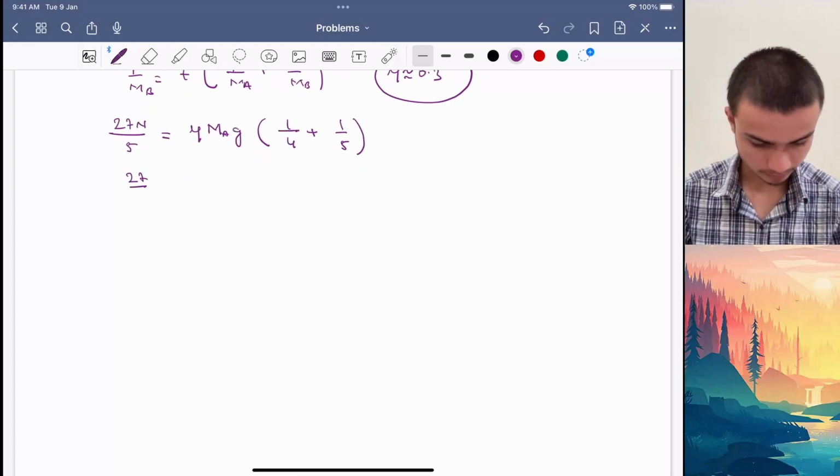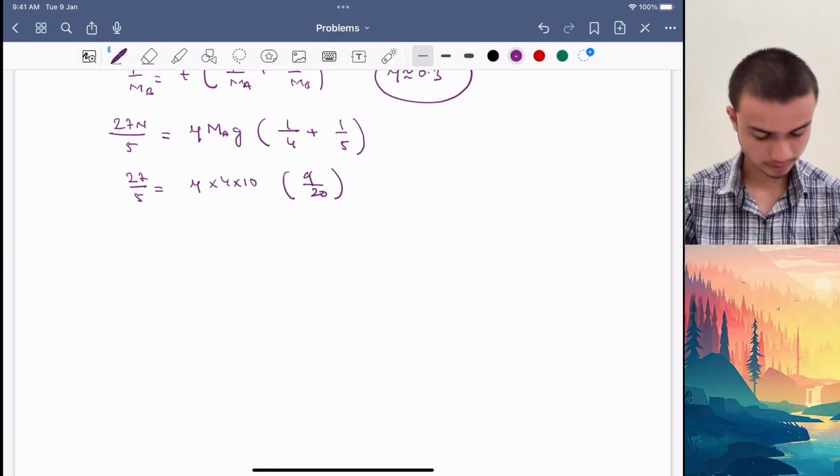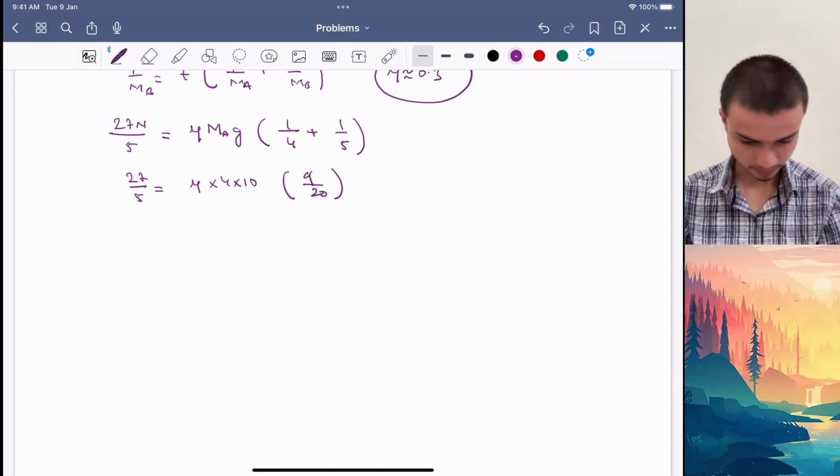So 27 by 5 equals 0.8. Mu times 4 times 10 times 1 by 20, this is 9.